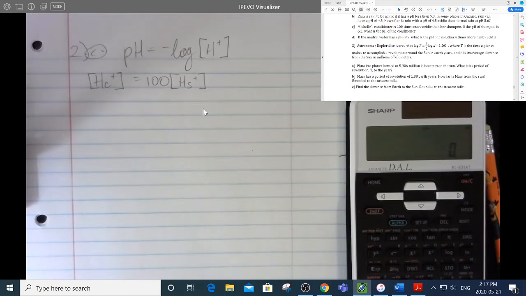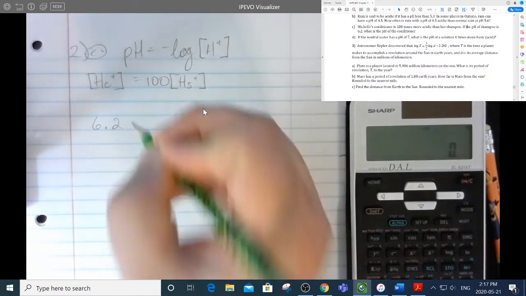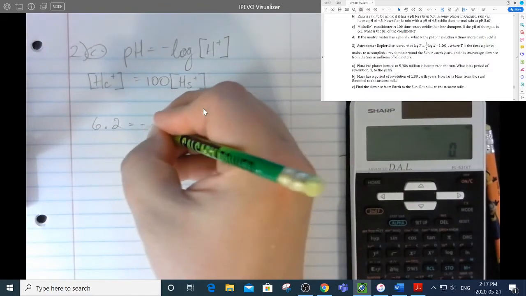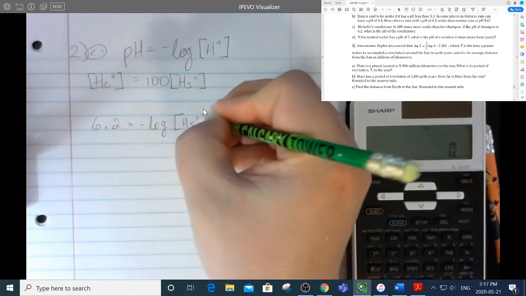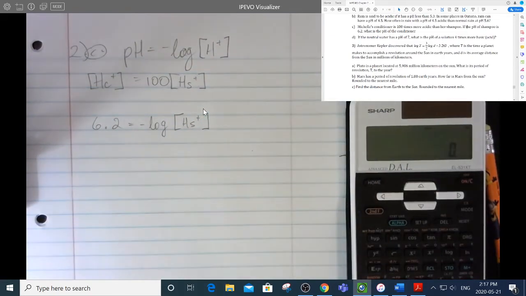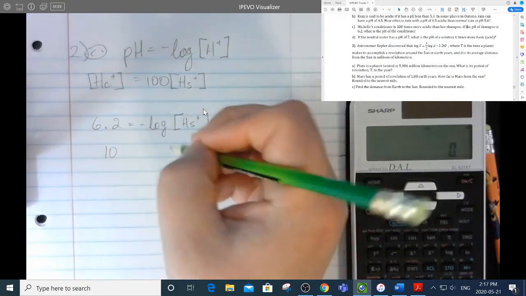Okay, so now, what do we know? We know that the pH of the shampoo, which can go right there in the formula, is 6.2. And that equals the negative log of the ion concentration of the shampoo, right? So I'm going to change that to an exponential equation. So 10, again, I'm moving the negative over. I'll do that in one step.